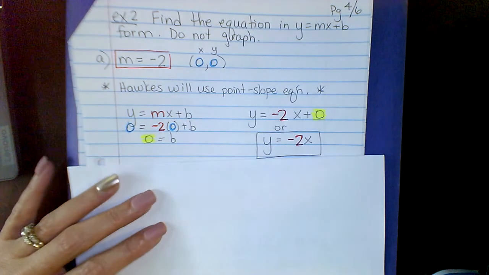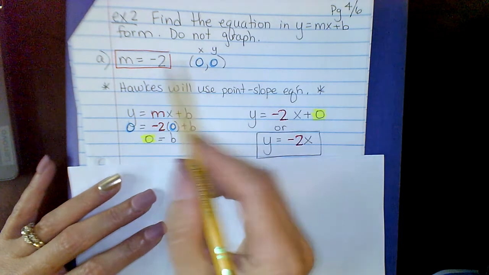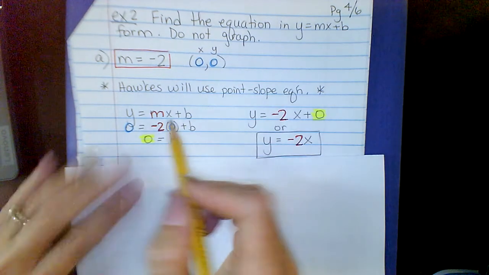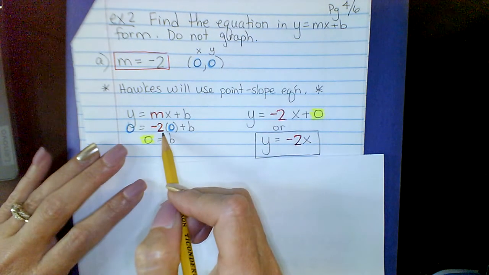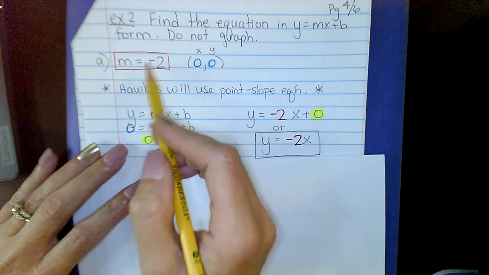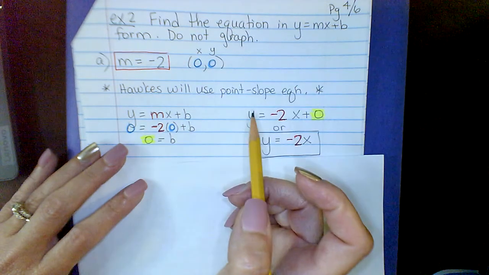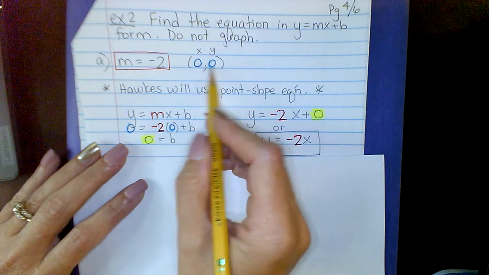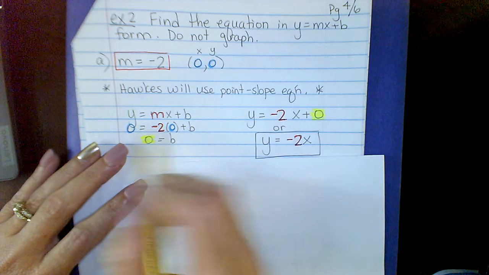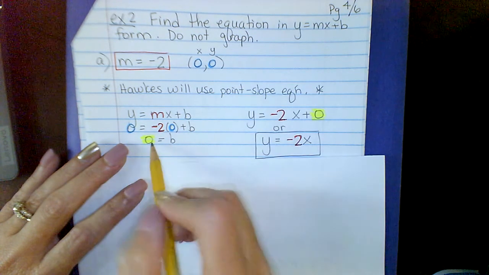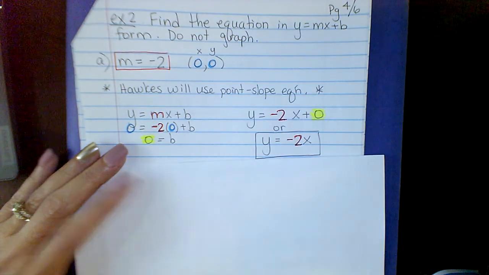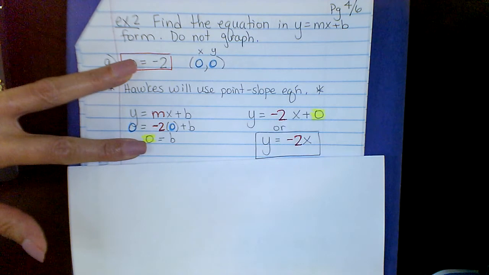Now, here's what we can do. With any point and a slope, you can plug in to this mx plus b. You can plug in the slope for m, obviously. You can plug in any point for x and y and then solve that for b. Then you can use the m and the b together.